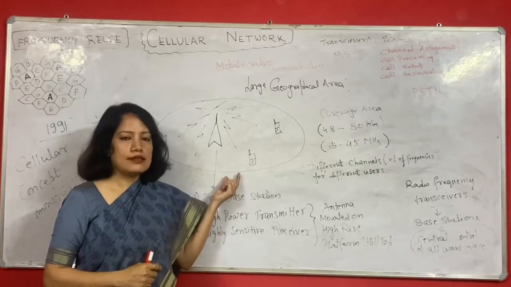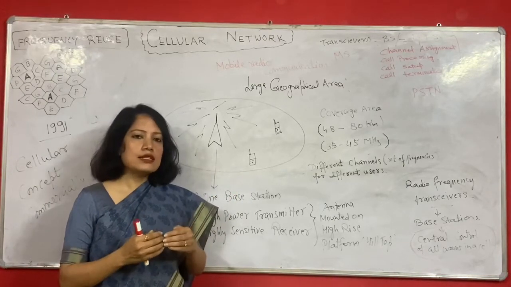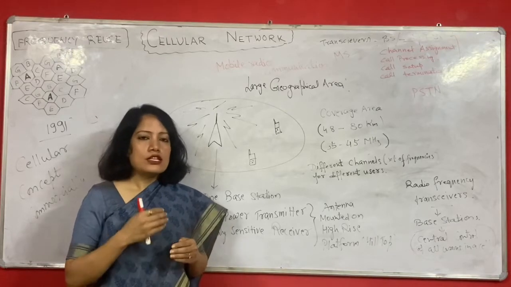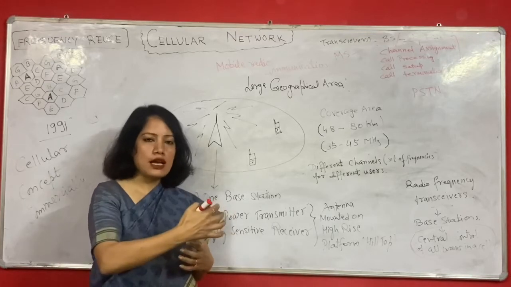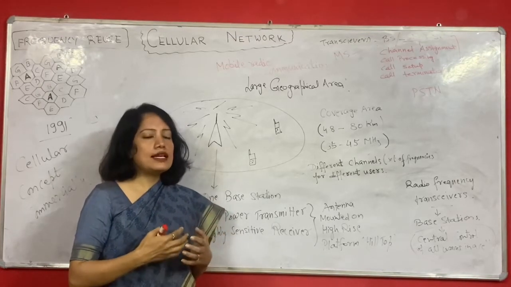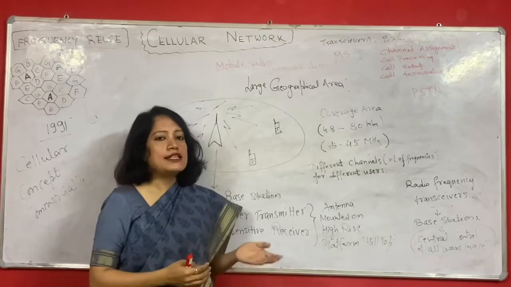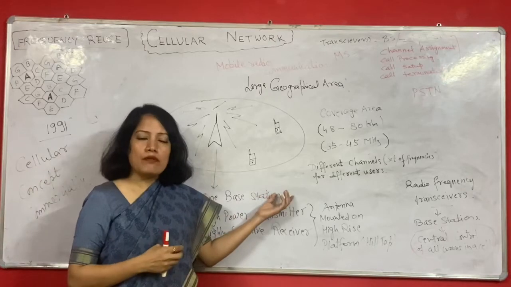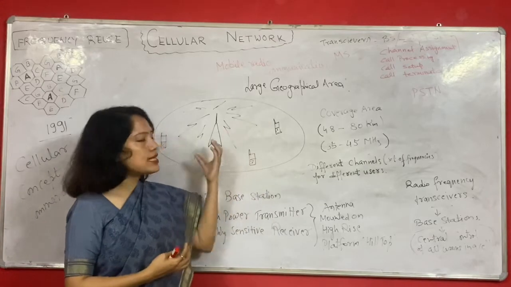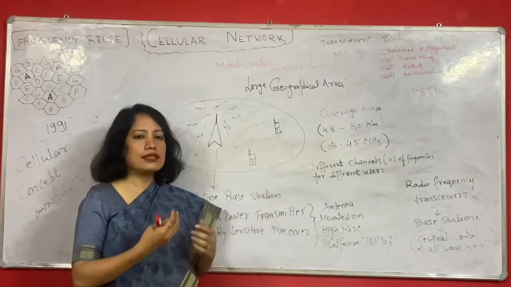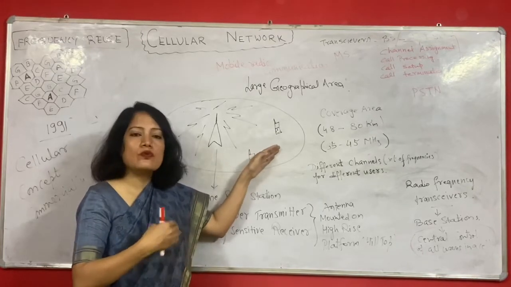But in that case, there was one problem: for each communication, a different frequency was allotted. It means that if at a particular point of time 100 users are communicating, then 100 different frequencies were required. This became a big problem with the increase in the number of mobile users in the same geographical area, because the number of frequencies was limited.